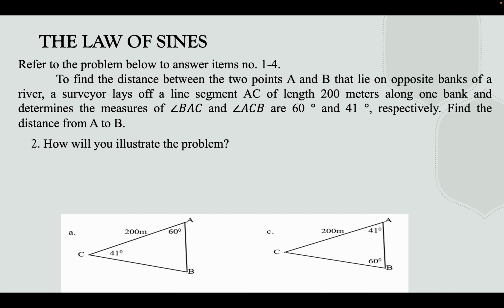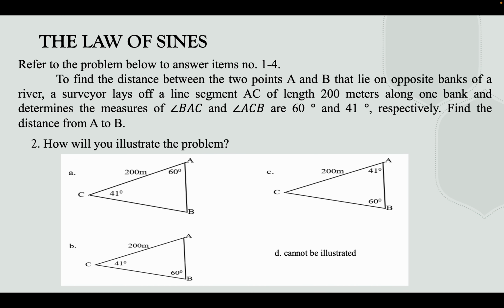Next, question number 2. How will you illustrate the problem? In the given problem, the 2 points A and B lie on opposite banks of the river.